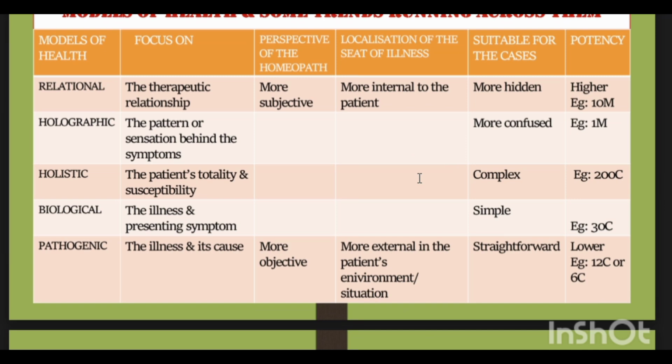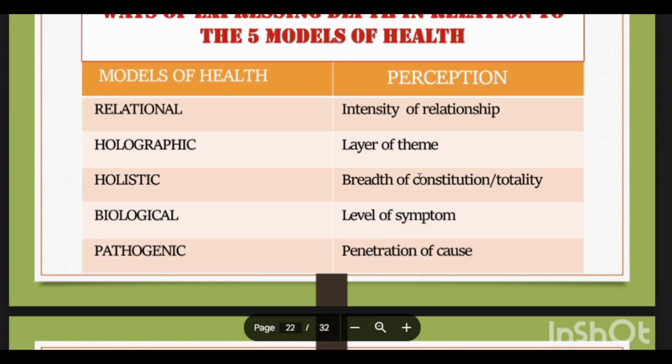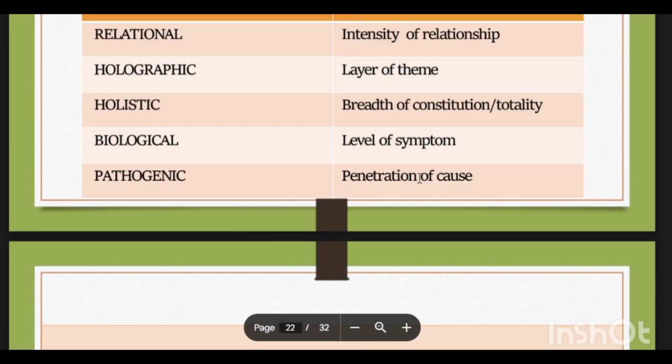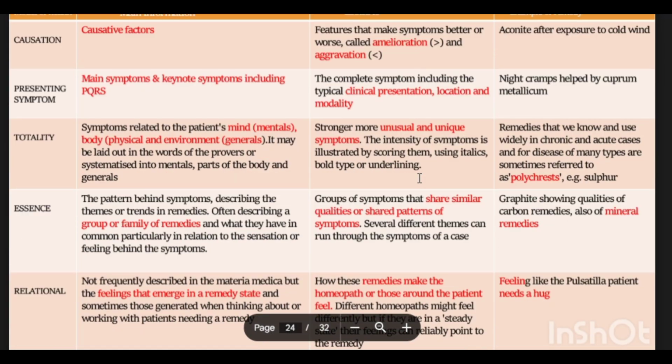We can also see how each model connects to our Materia Medica, the big book of medicines. For the biological model, we use main symptoms and keynotes. For example, using cuprum metallicum for night cramps.